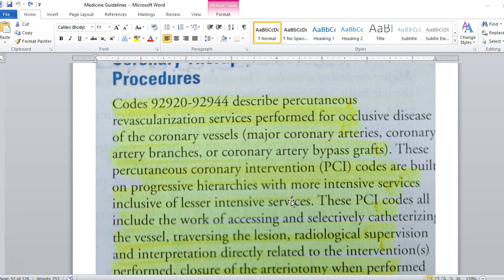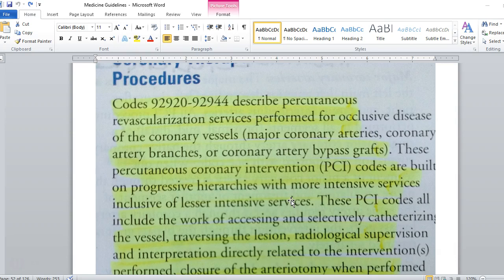A lot of times these are done afterwards because the myocardial infarction happened because one of these coronary vessels was occluded. We can also do this for the bypass graft. If someone has had a bypass graft, the bypass graft itself can also become filled with a fatty plaque substance.